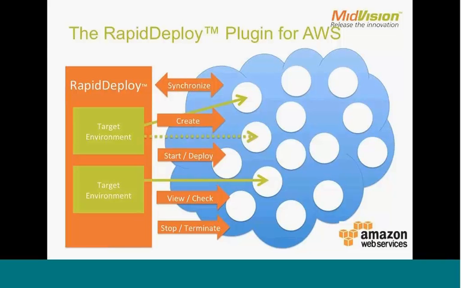We can start and deploy to the instance. That means we will start the instance and retrieve the host name automatically, and the deployment will go on that instance. We can also view the state of the instance, check if it's running, check the host name and every other attribute. And we can also stop or terminate the instances.